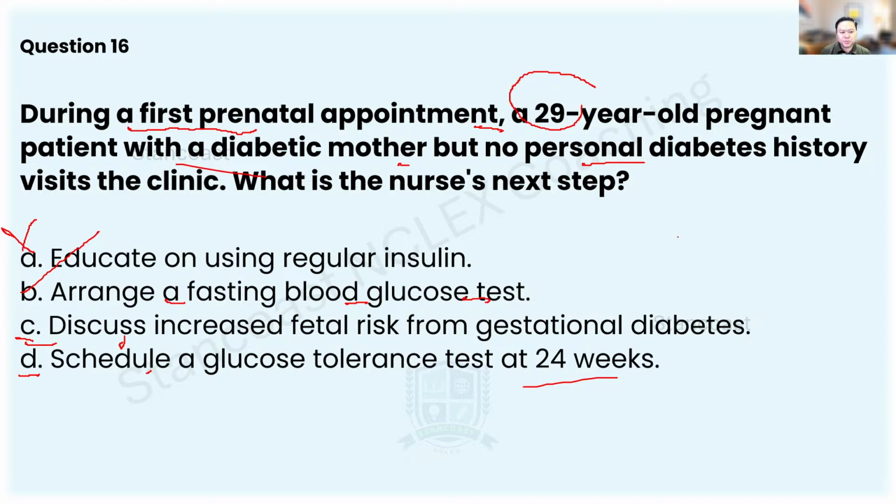If you're going to schedule them for the OGTT, this is a standard test, especially for high-risk patients, and they will require evaluation. But first things first, we need to identify if the patient really has an elevated blood sugar. Then after that, we're going to proceed with further evaluation, possibly the OGTT. Okay?